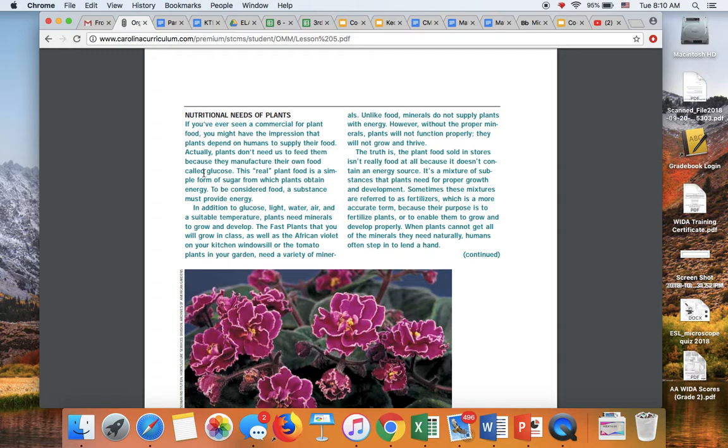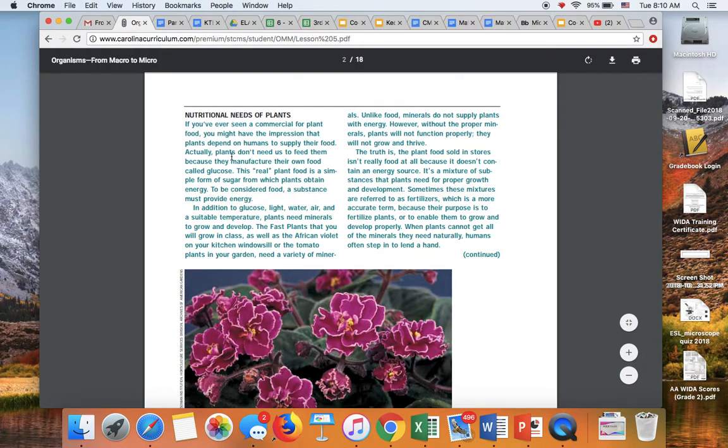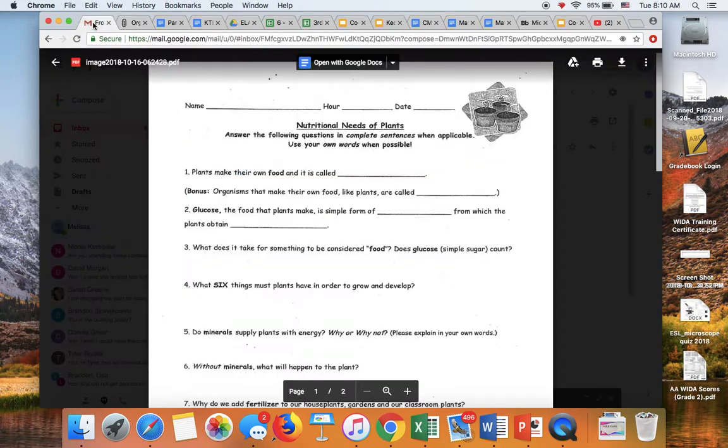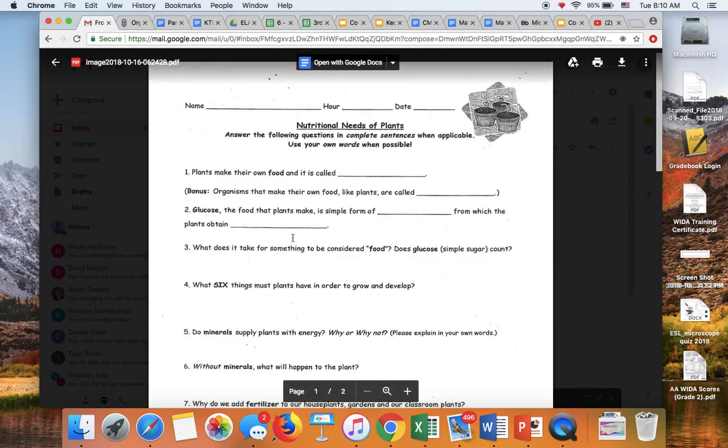So, the food that plants create is called glucose. In addition, this real plant food is a simple form of sugar from which plants obtain energy. Glucose, the food that plants make, is a simple form from which the plants obtain energy.